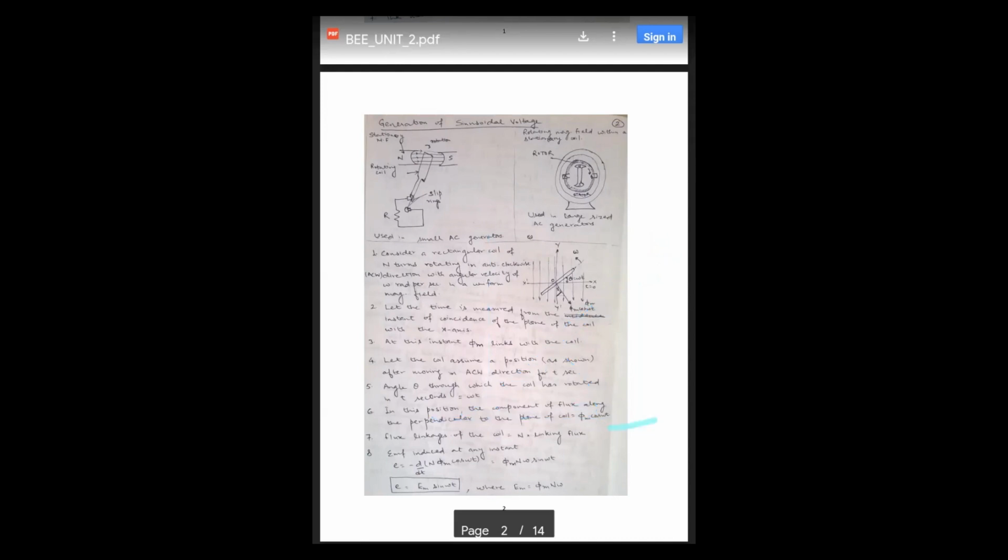So let the initial position of the rectangular coil be like this.